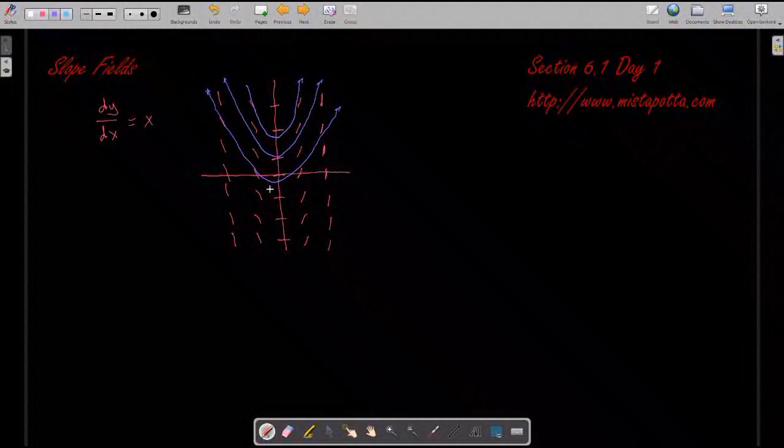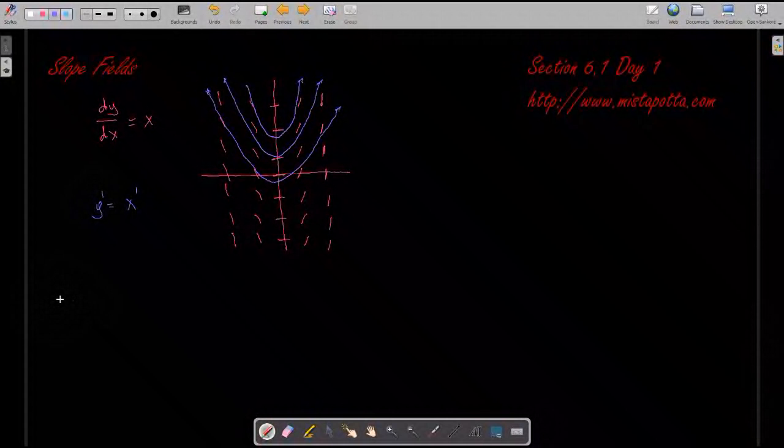And if I had to come up with some function whose derivative was x, I'd be thinking of it in terms of the power rule. So I know that the derivative is x to the first power.